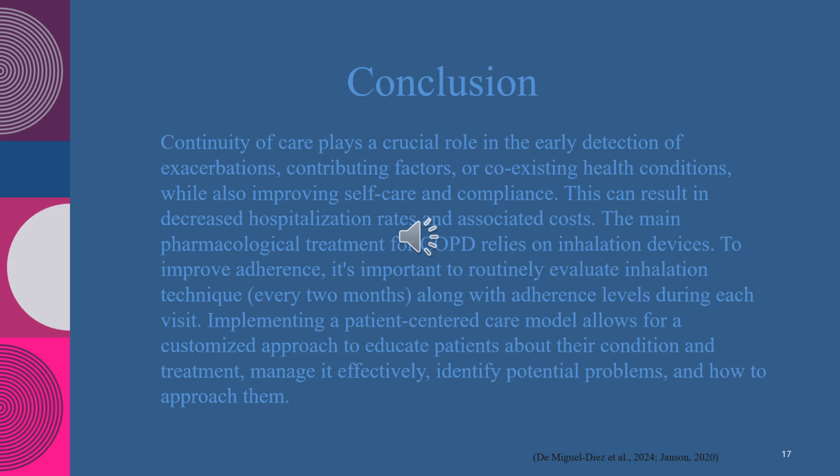To improve adherence, it's important to routinely evaluate inhalation technique, usually about every 2 months, along with adherence levels during each visit. Implementing a patient-centered care model allows for a customized approach to educate patients about their condition and treatment, manage it effectively, identify any potential problems, and know how to approach them.